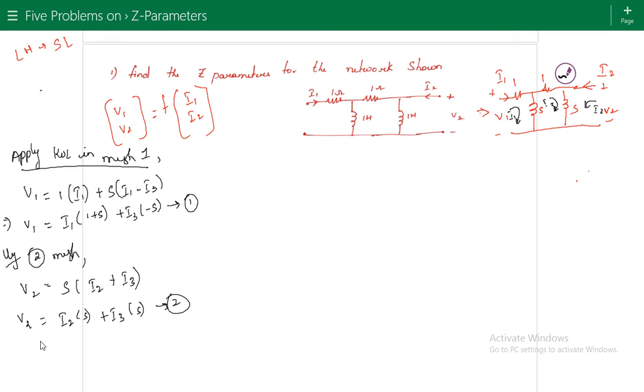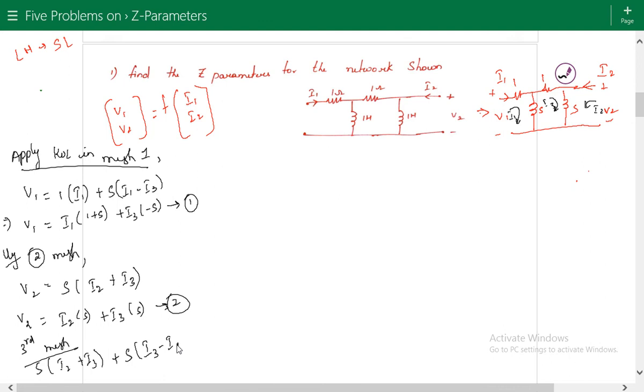Similarly, by applying KVL in the third mesh, I will add the voltages in this mesh and equate them to 0. The voltage drop across this S is S into (I2 plus I3), plus S into (I3 minus I1), plus the current flowing through the 1 ohm resistor, I3, equal to 0.